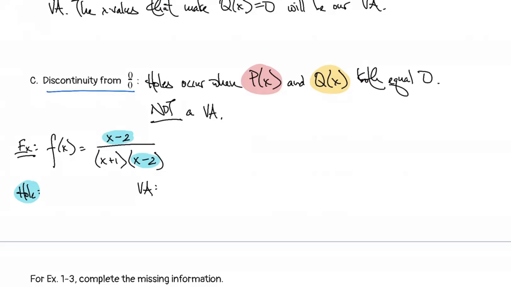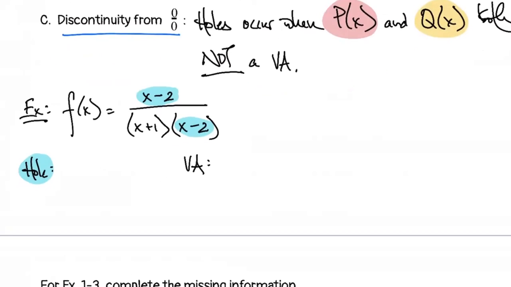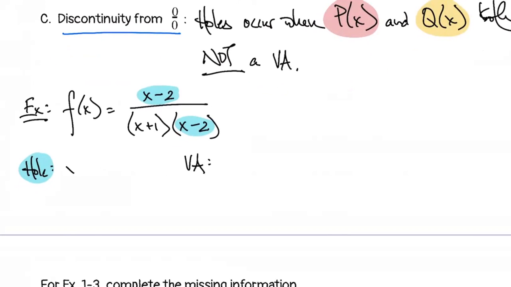Nice, nice, nice. So Dallas is correct. There is indeed a hole at x minus 2 equals 0. And in fact, we could even say that that's when x equals 2. That's where the hole is, okay?